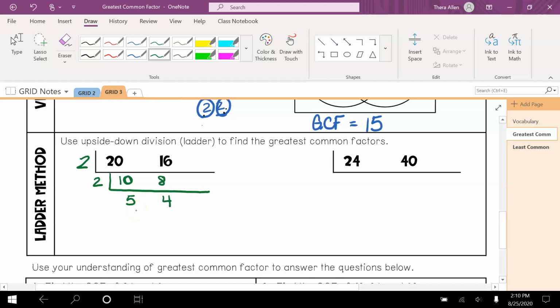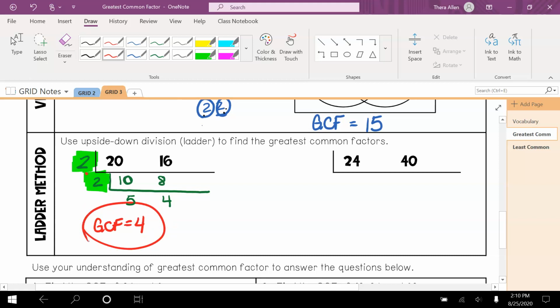No, so I'm completely finished. These numbers that are on the side are my factors that these two numbers have in common. So I will multiply them, and that's going to give me my greatest common factor. 2 times 2 gives me 4. So the greatest common factor between 20 and 16 is 4.